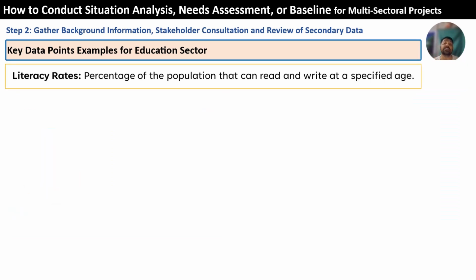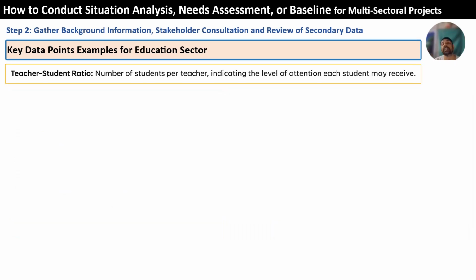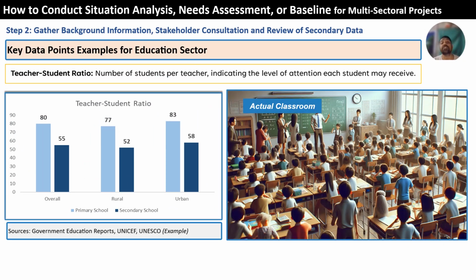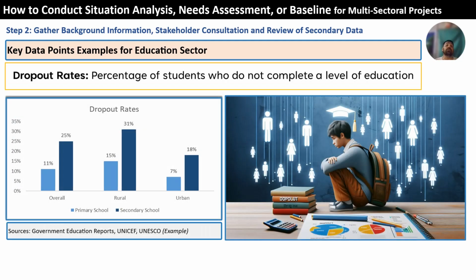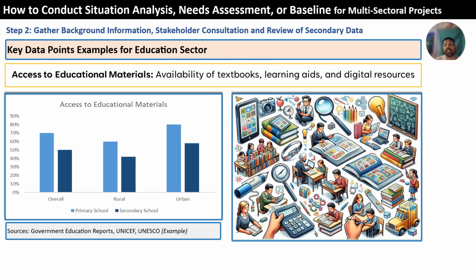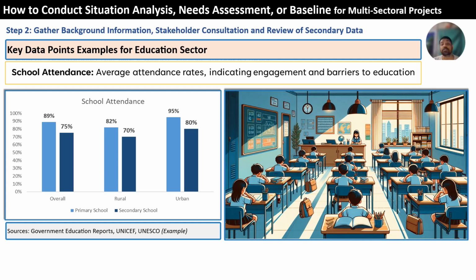Similarly, literacy rates, the percentage of the population that can read and write at a specified age; teacher-student ratio, the number of students per teacher, indicating the level of attention each student may receive; dropout rates, the percentage of students who do not complete a level of education; access to educational material, availability of textbooks, learning aids, and digital resources; school attendance, average attendance rates of students indicating engagement and barriers to education.